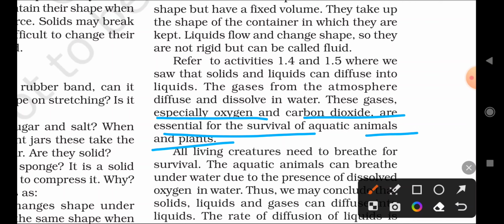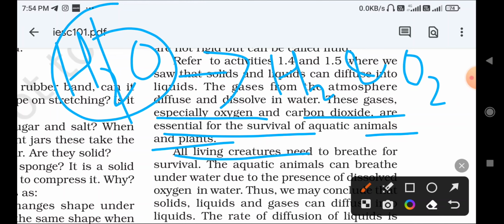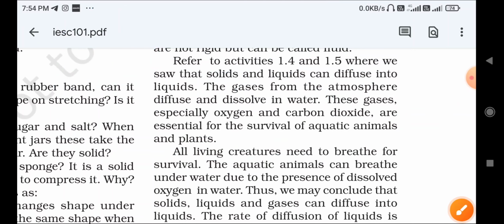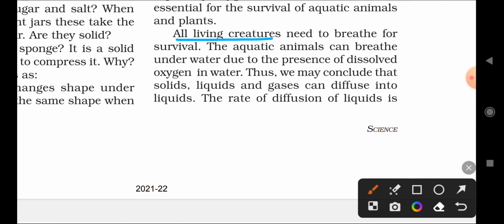Several types of organisms live in water, and they take the oxygen from the water. All living creatures need to breathe for survival, including human beings. Every organism needs oxygen to survive.